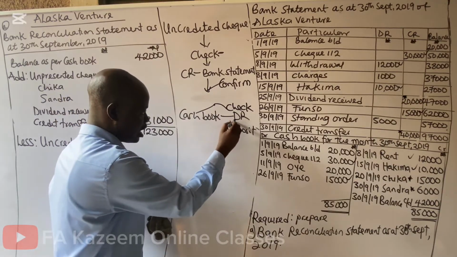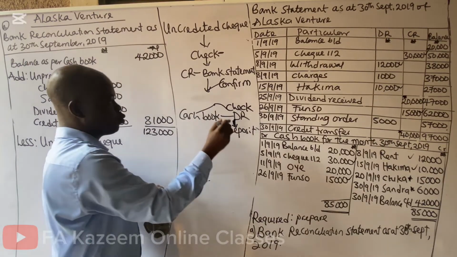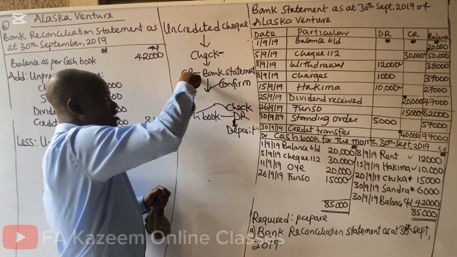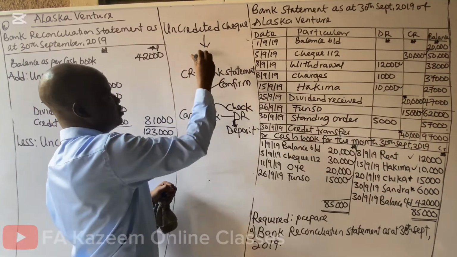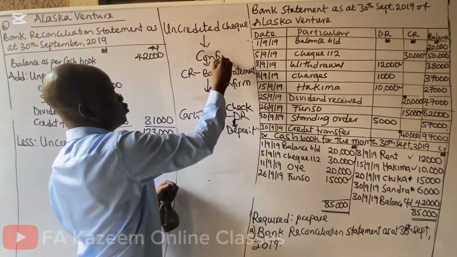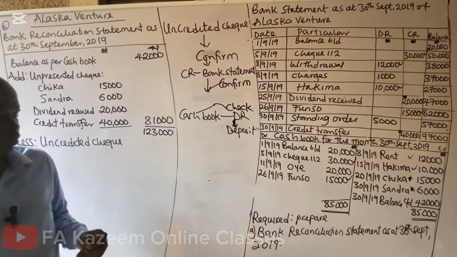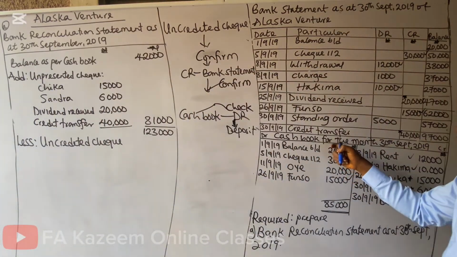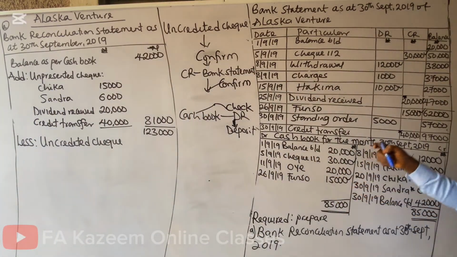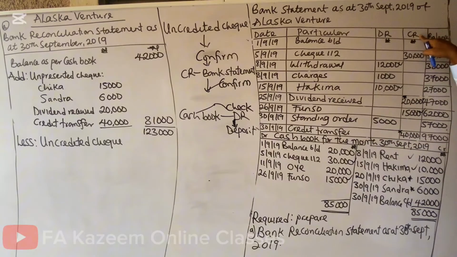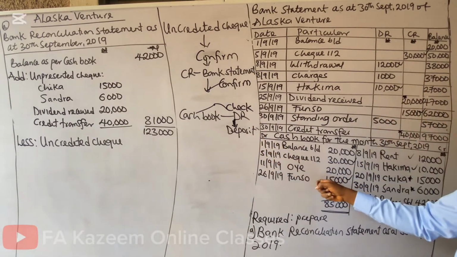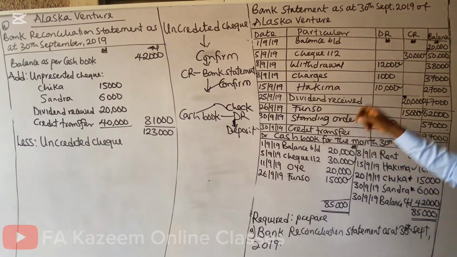And what are we checking for? We want to know and confirm whether the bank has credited. We want to use it for confirmation. Now, we'll check all the debit side, all the deposits, to confirm it on the credit side. Why are we doing that? If there's any check that's been deposited, the customer has added, expecting the bank to add.